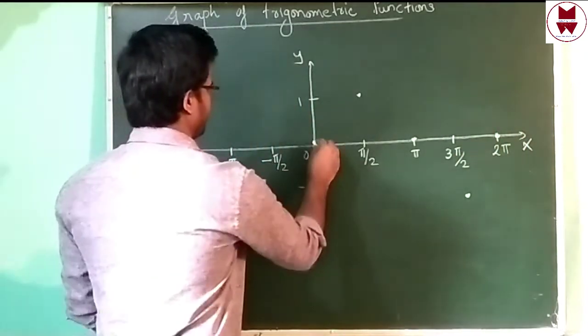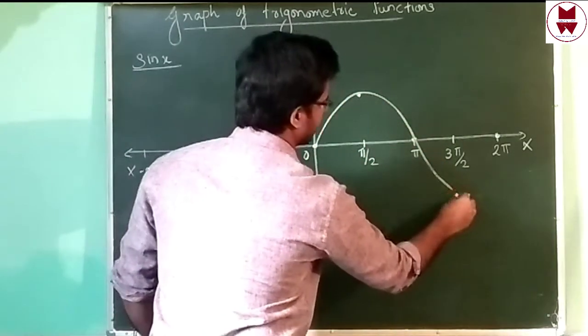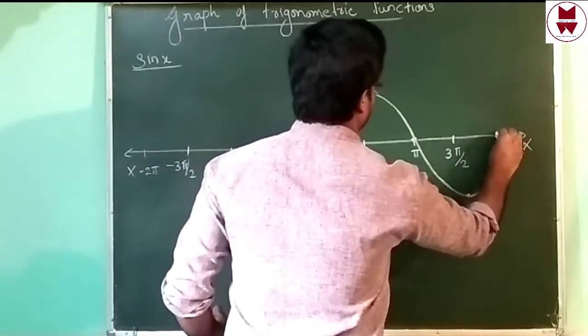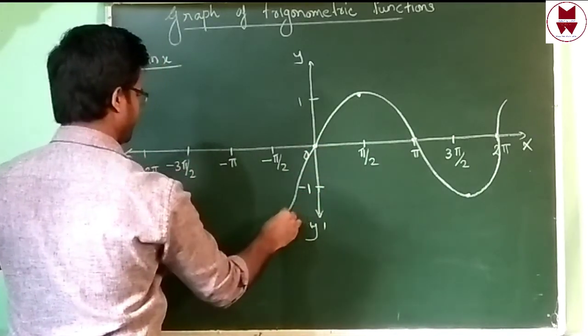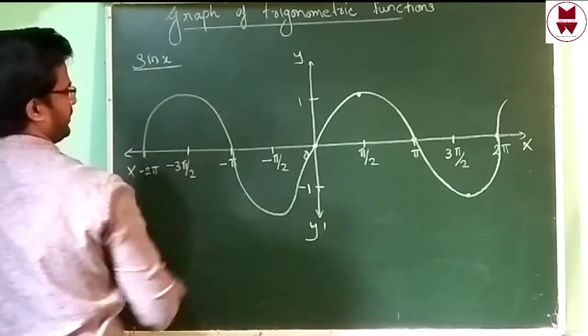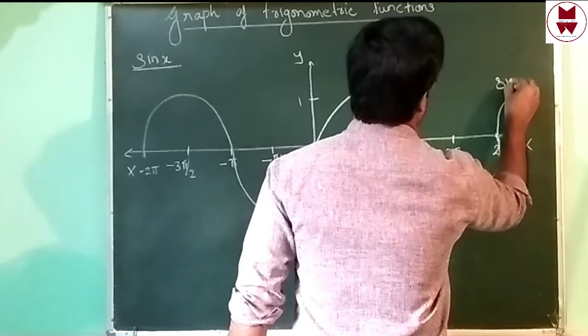Now we got these values, so we can draw the graph. We will get a graph like this. Then this side also it will go like this. This is the graph of sin x.